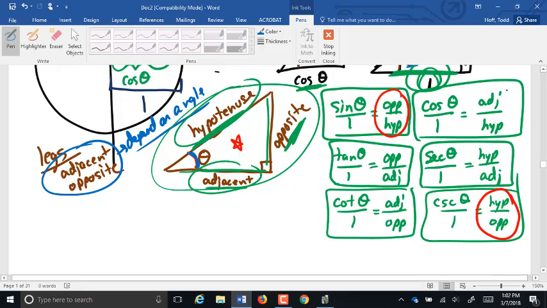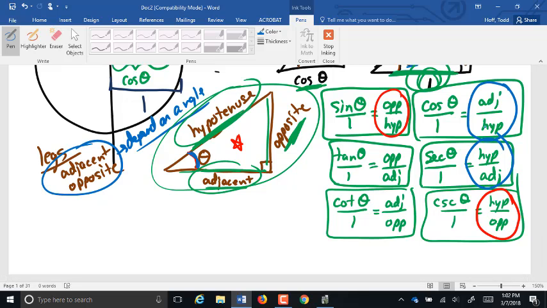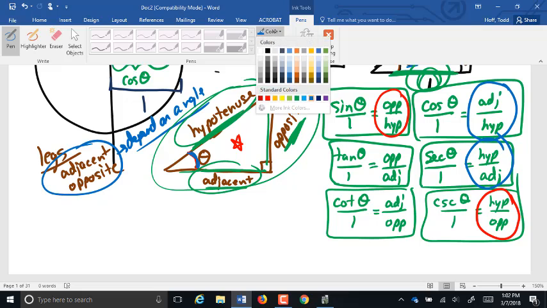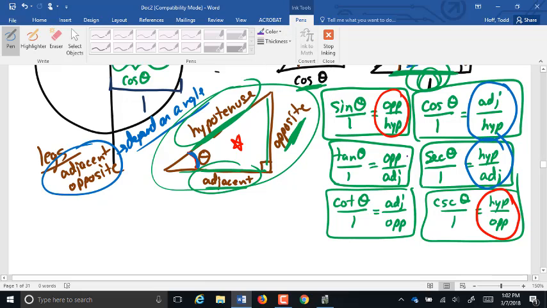Another relationship between cosine and secant, which is the same type of thing, right? Cosine's adjacent over hypotenuse. Secant is hypotenuse over adjacent. They're reciprocals. And finally, tangent and cotangent. Tangent is opposite over adjacent.